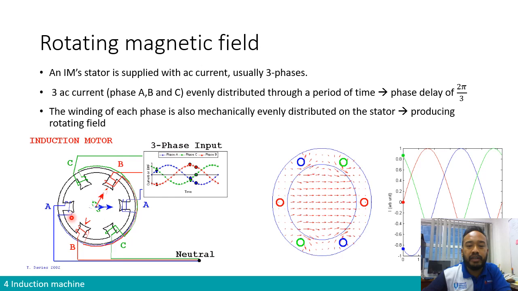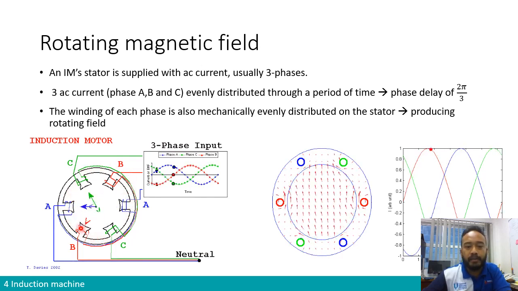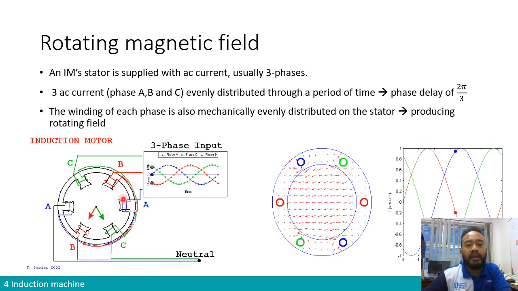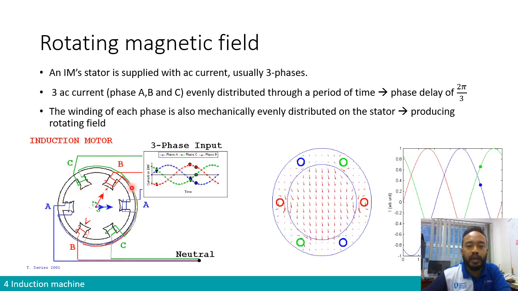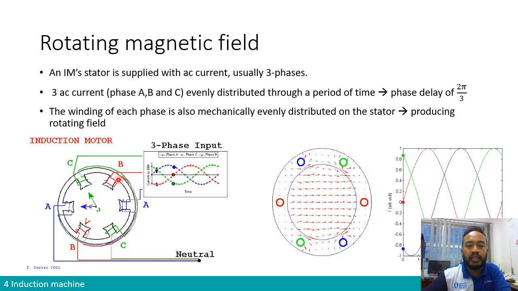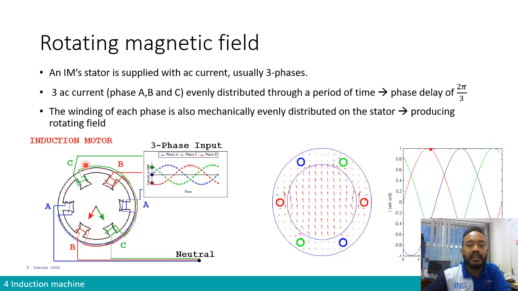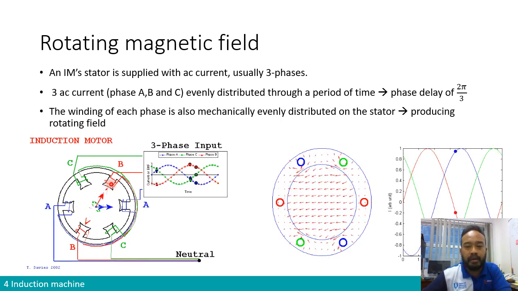The winding of each phase is also mechanically evenly distributed. For example, here we have two poles each with three phases, therefore we will have six poles, right? Six poles mean we have six coils evenly distributed. So if it is evenly distributed, then the distance of each tooth is 2π divided by 6.